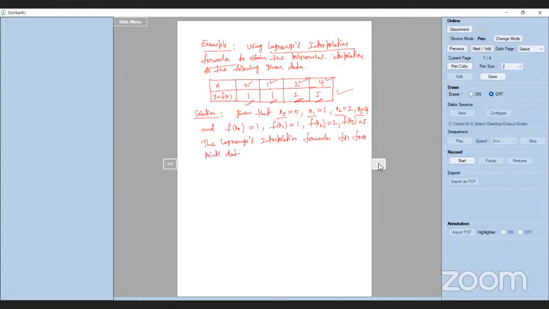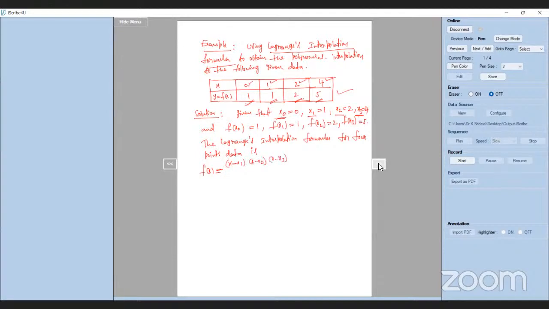For 4 points data, 4 points means from x0 to x3. f of x is equal to, what is the first term? According to 4 points, that means x0 to x3, x0, x1, x2, x3 are there in this formula. In the first term, x0 should not appear in the numerator. That is x minus x1, x minus x2, x minus x3.